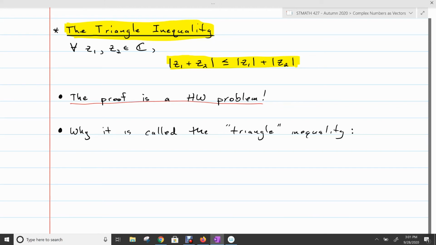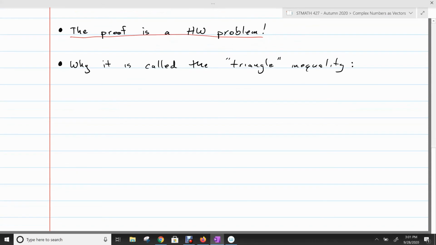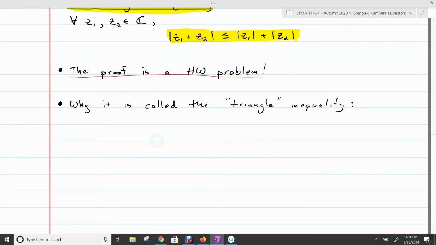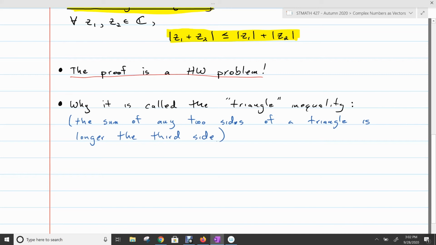But when you're talking about complex numbers, it's really clear why, because it just captures the idea that the sum of any two sides of a triangle is longer than the third side. Or another way to think about this is that the shortest distance between any two points is a straight line.